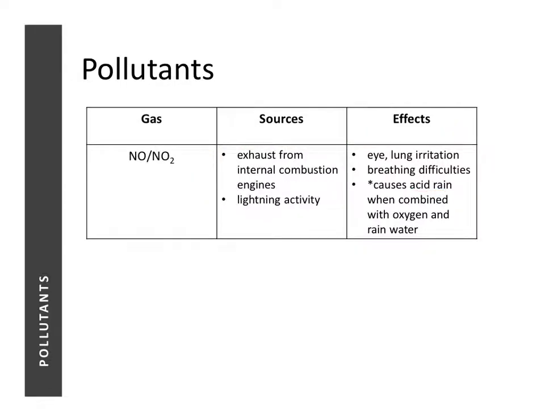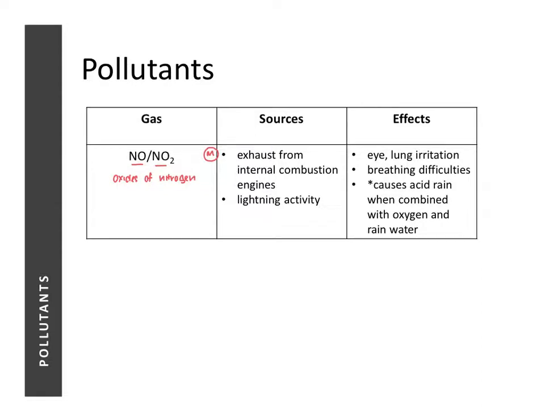The next pollutant that we're going to look at is nitrogen monoxide and nitrogen dioxide. Collectively, we call them oxides of nitrogen. Similar to sulfur dioxide, there are two types of sources. One is man-made, the other one happens in nature. The man-made source is that it is present in the exhaust from internal combustion engines.